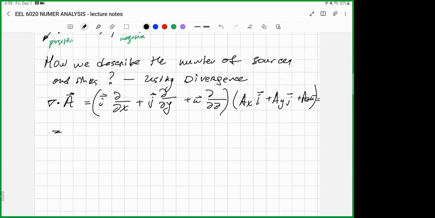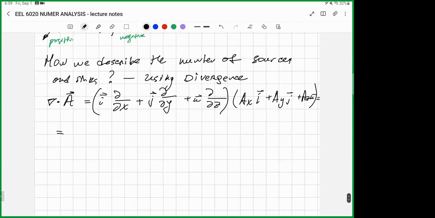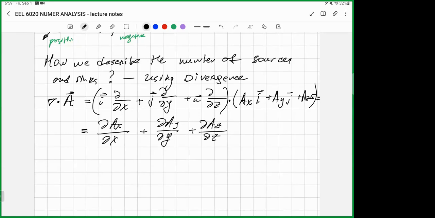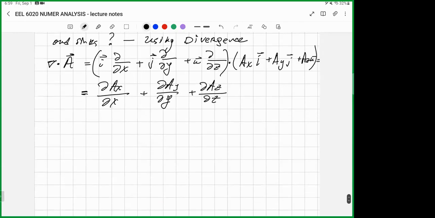And again, all terms like i times j, i times k, j times k, j times i, etc. all vanish because the vectors are orthogonal. And we get only three possible terms here, which are dax over dx plus day over dy plus daz over dz. And this is nothing but the formula for the divergence.